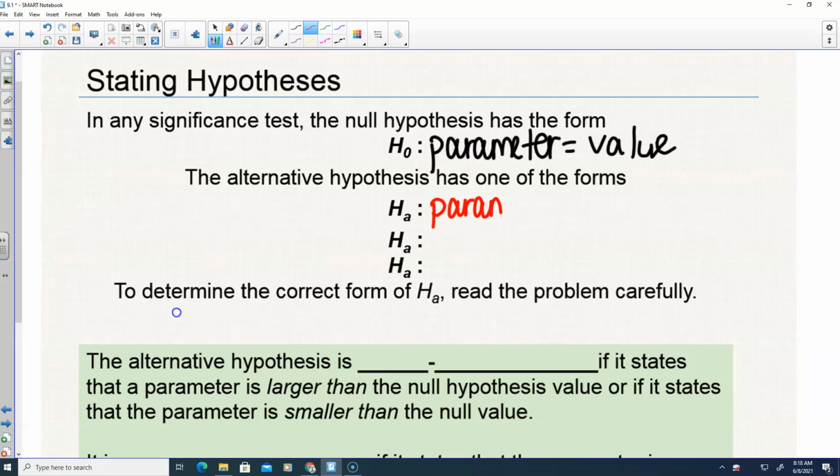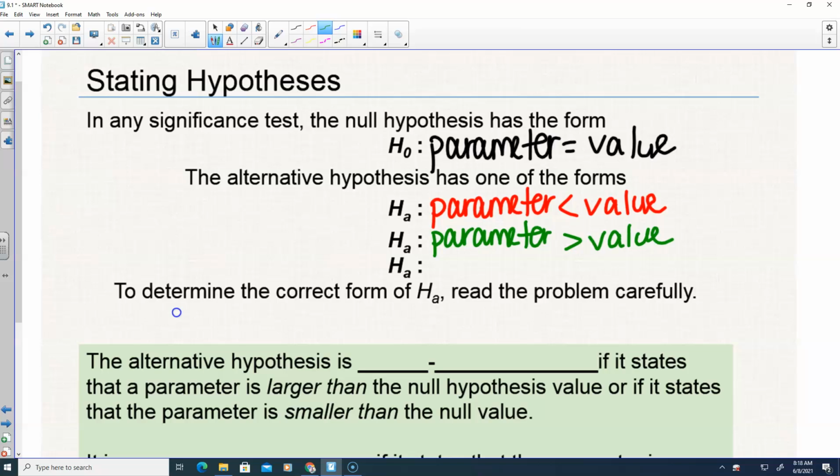The parameter is less than the value, which is the one that we just had, where we think that the truth is actually less than what they claimed. The parameter is greater than the value claimed, or the parameter is not equal to the value claimed. So it's going to be in one of those three forms for sure.